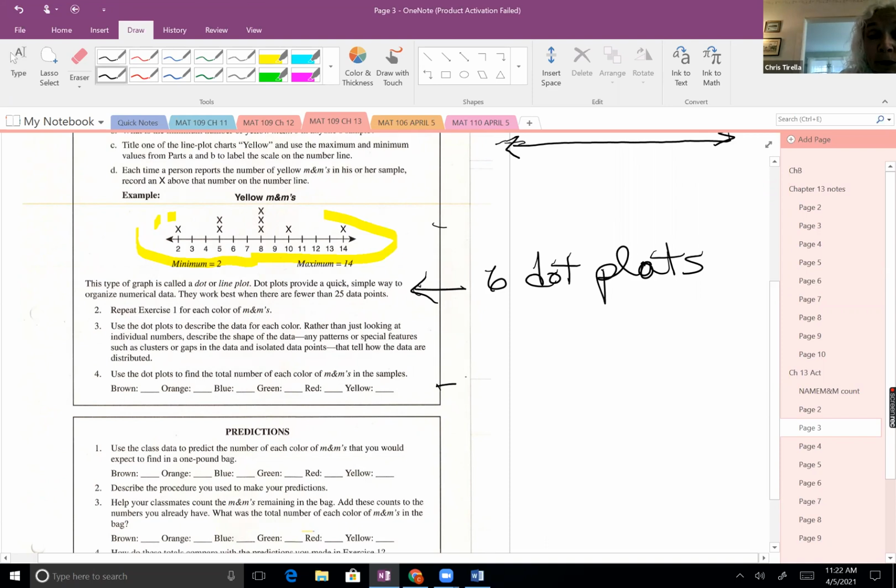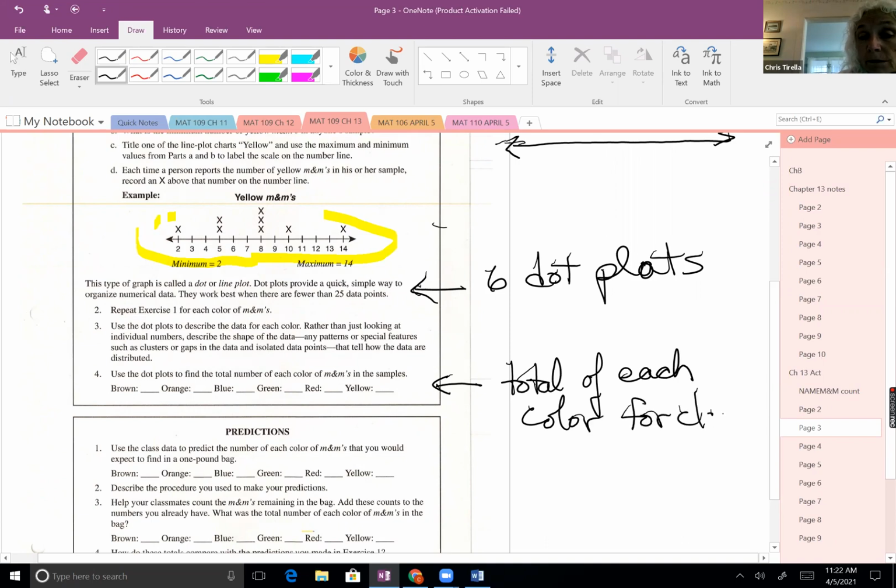Then you're going to do this part. You're going to find the total of each color for the class. And to get the total of each color for the class, again, I would go back to the sheet that has the count.